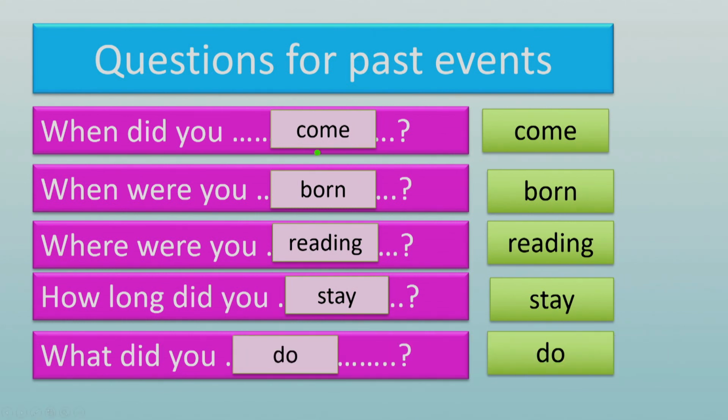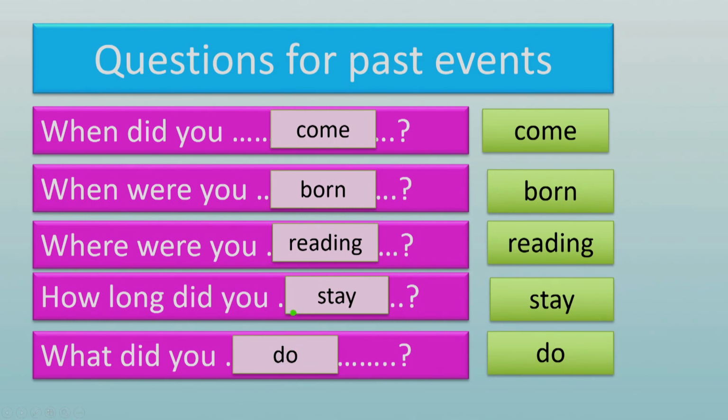Okay, I'll show you some difference here with where and did. When you ask questions with did, you always use the first form of the verb here. Look here, after did, here is come. After here is stay. This is verb 1, or first form of the verb. And we have do here.